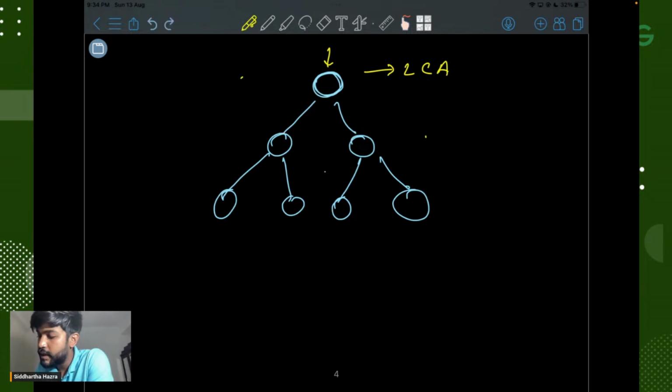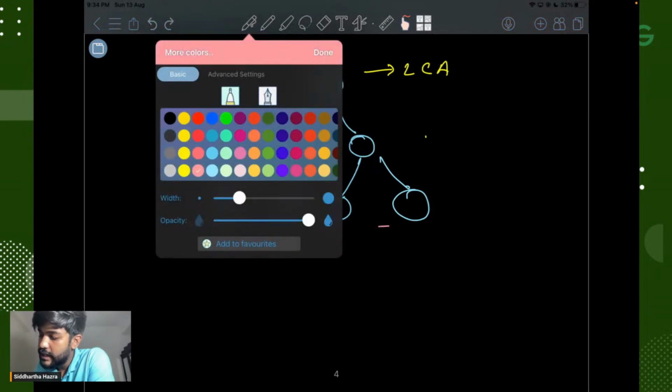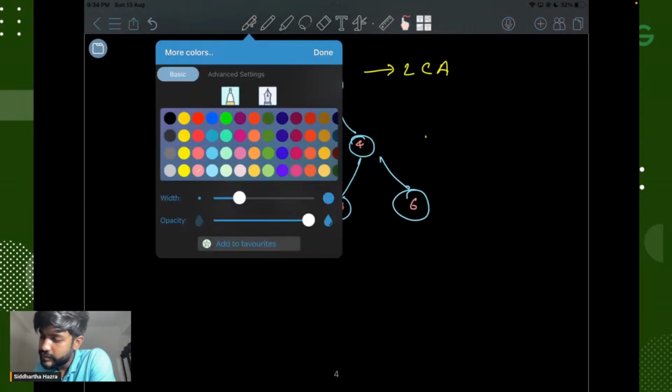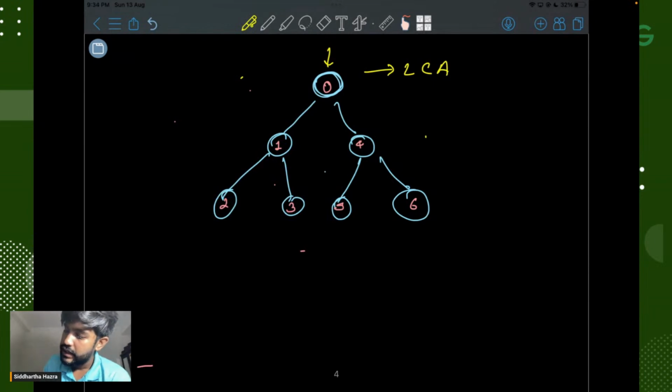To understand properly, let's enumerate them: 1, 2, 3, 4, 5, 6, and let's say this is 0. So I can simply say 1 can be paired with 4, 1 and 5, 1 and 6.